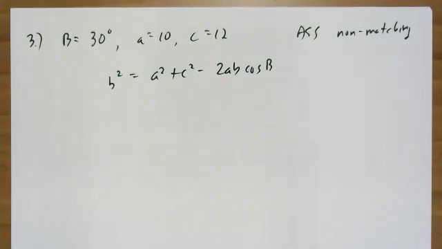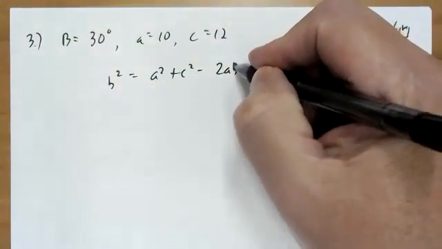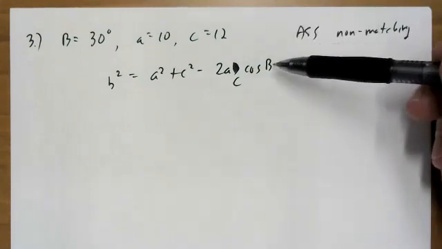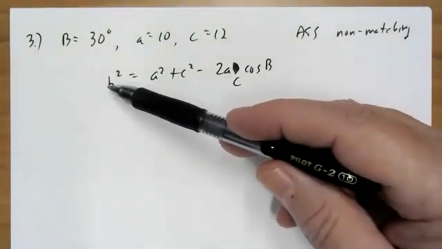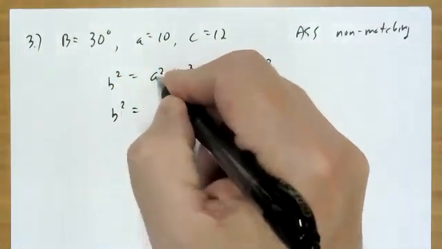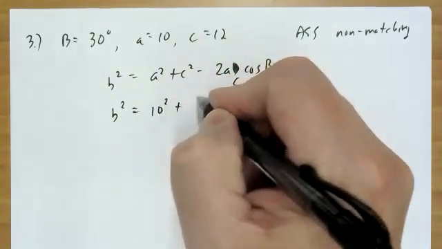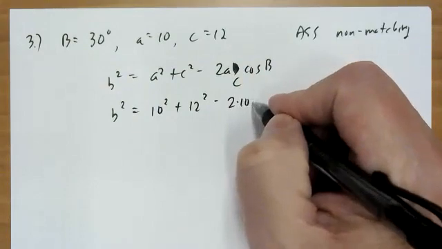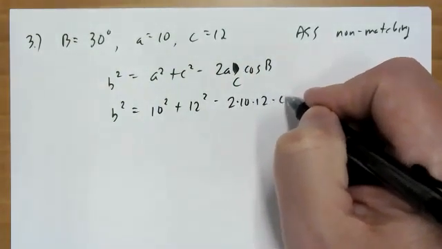Whoops. Sorry. So it's 2AC times cosine B. So I know everything in here, but small b, so I can plug in. So A is 10, C is 12. So I can plug in everything.